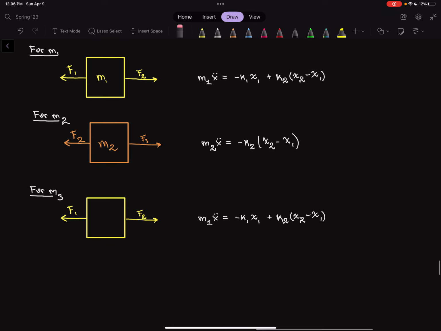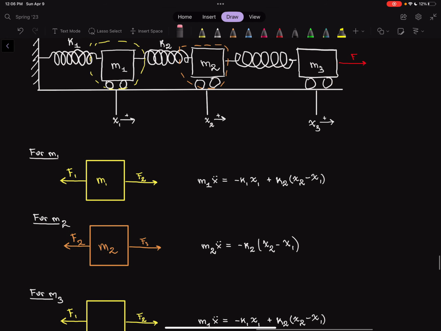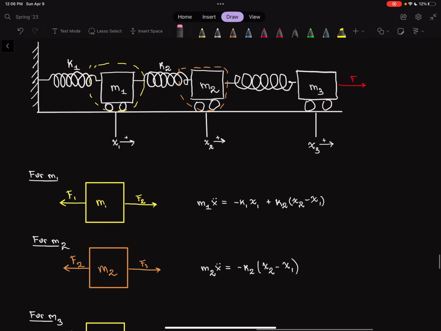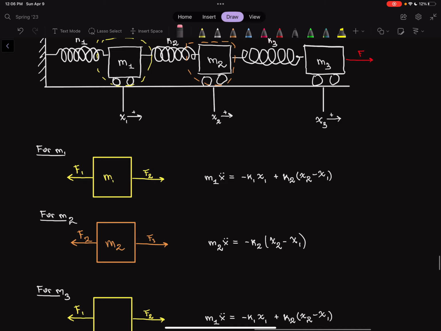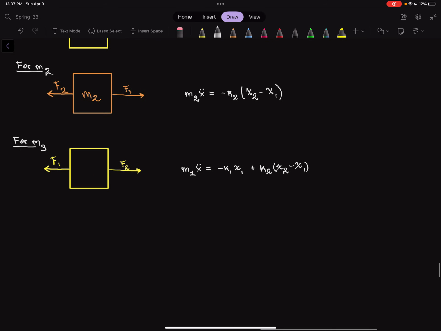And then we're going to have the F3. And this spring is going to try to pull it to the right. This is K3, because we're imagining that we're pulling this whole system. So that's going to be positive K3 times x3 minus x2.